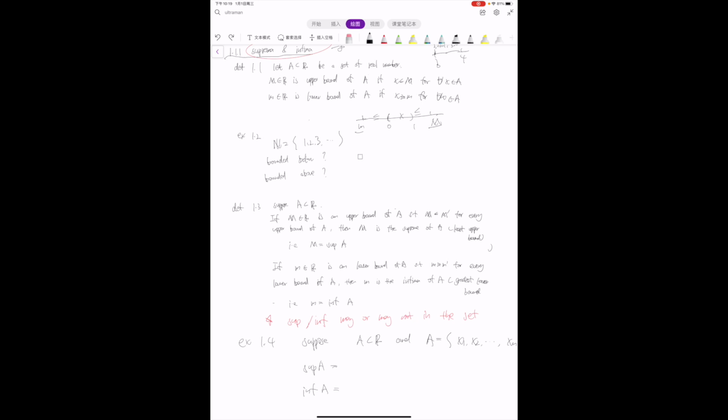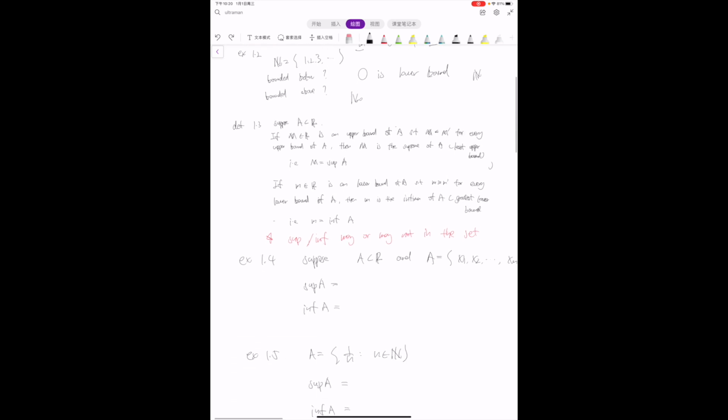So 0 is less than all the numbers in the set, so 0 is a lower bound of the natural numbers. Therefore, the natural numbers are bounded below. Is it bounded above? No, because natural numbers go all the way to infinity, so it's not bounded above.